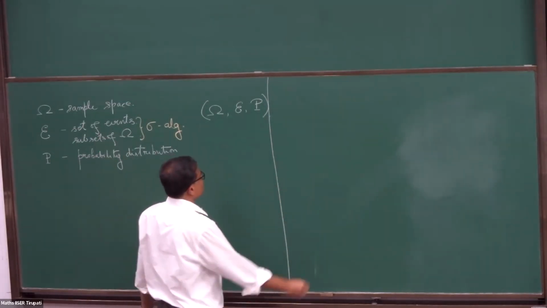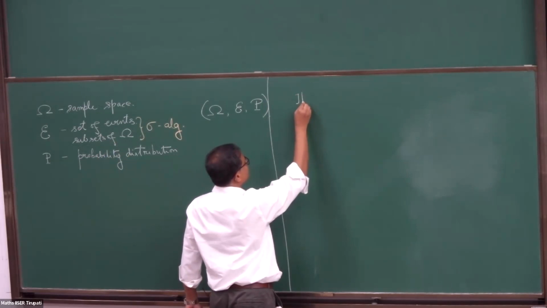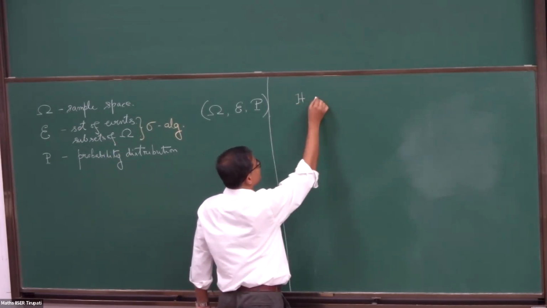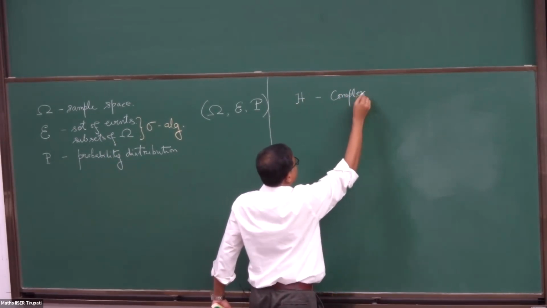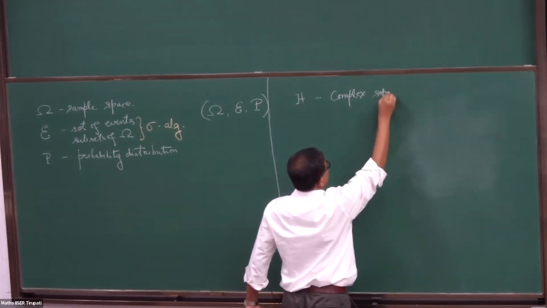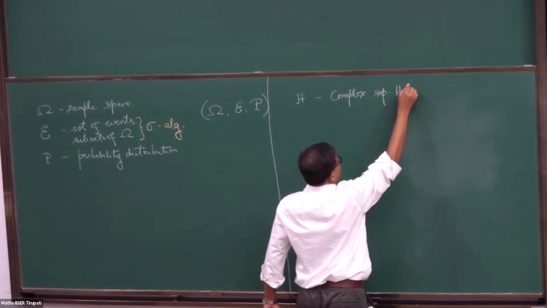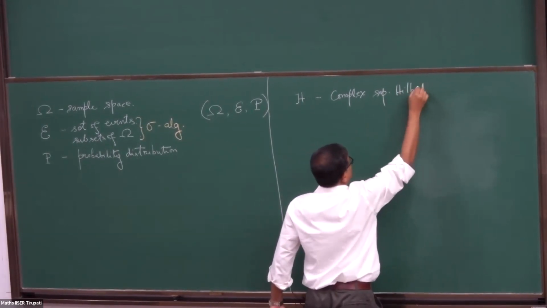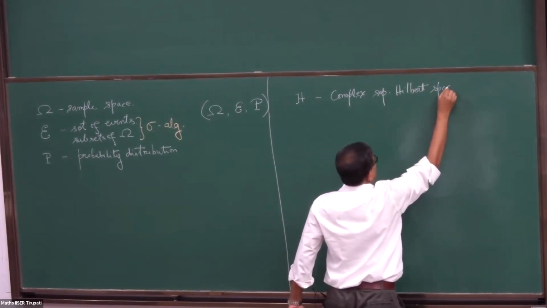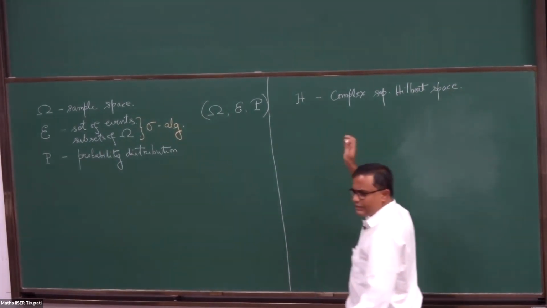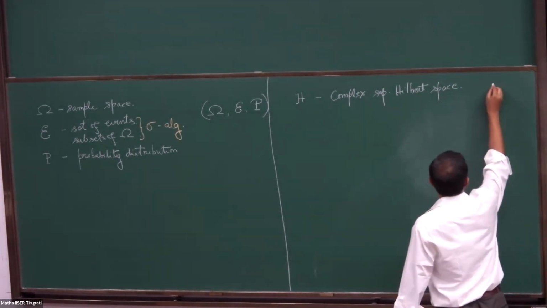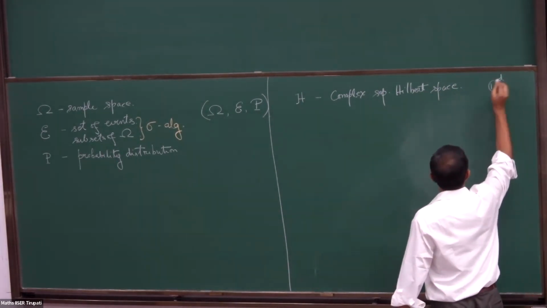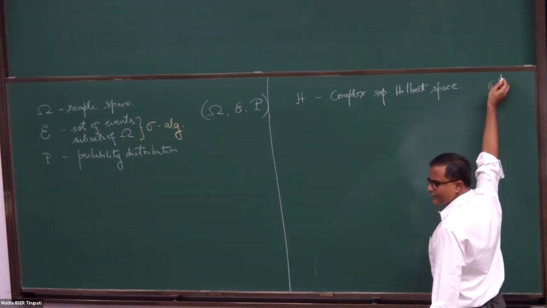The sample space will be replaced by a Hilbert space, which is a complex separable Hilbert space. This may be of finite dimension, in which case it is very simple: this is C^d, where d is the dimension of the space.